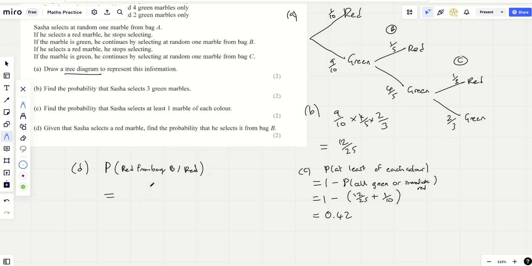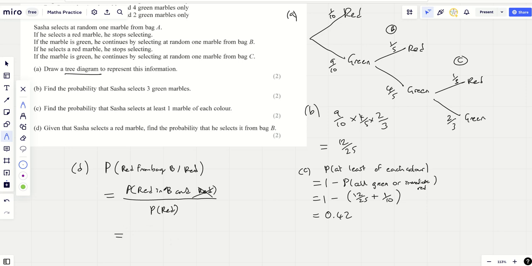Well, on tree diagrams, I prefer to just use the formula blindly, because I understand what the formula is saying. So we want red in B and red. Well, that's really a redundant statement, and really all you need there is red in B. And you want to divide it by the probability that you get a red.